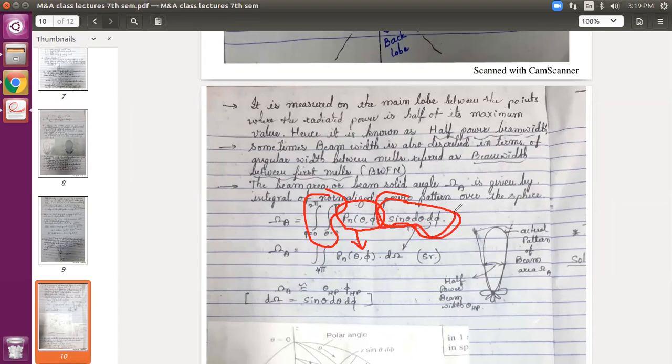Whatever suffix you have after P, let us denote that as d omega. This is very important. What is d omega? d omega is sine theta d theta d phi.